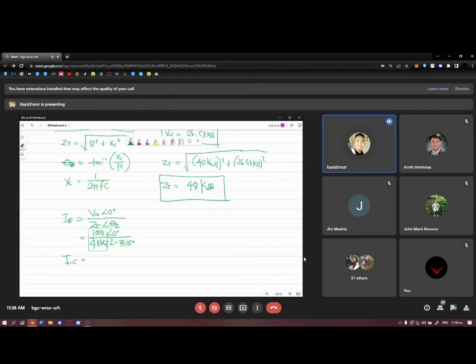Then, susubtract mo yung angle. So, ang angle nito, 0 minus negative 33.55, that is 33.55 degrees. Ilan yung magnitude ng ating current? 2.08 milliamperes. Okay.